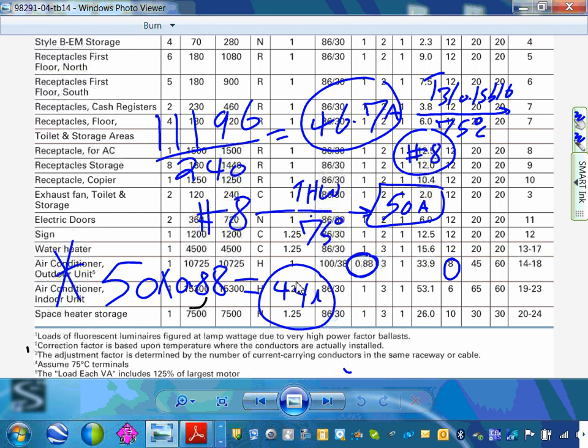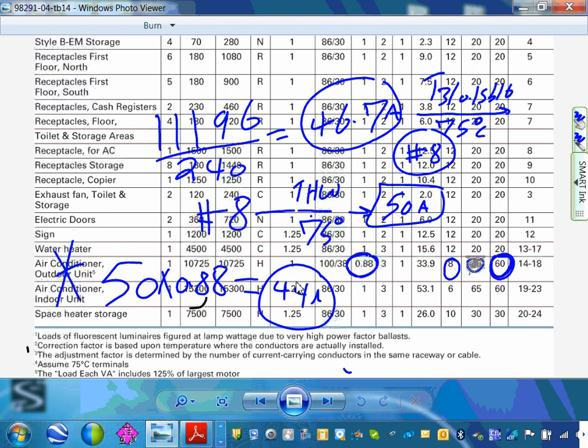Now, is the 44 amp, it doesn't. That's 45 for overcurrent protection. Yeah, 45 for the overcurrent protection device, guys. This is 45 for the conductor. No, the overcurrent device is 60 here.